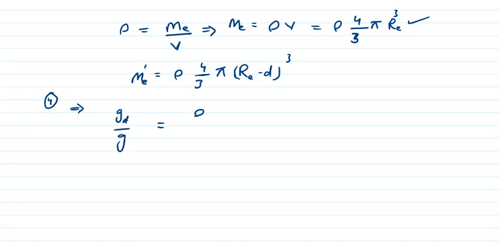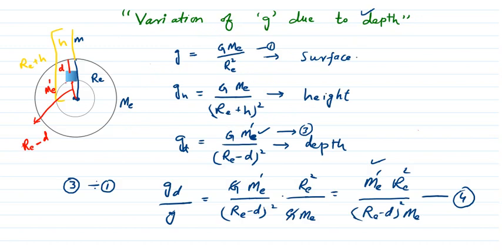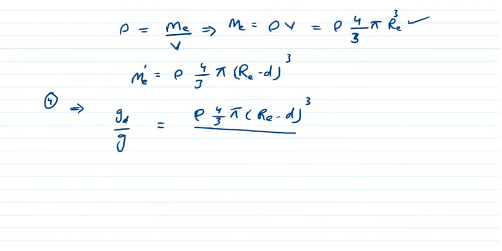So Me prime is rho, density, 4 divided by 3 pi Re minus d whole cube, and this is multiplied by Re square, sorry, square, not cube, divided by Re minus d whole square, and Me in this situation is density 4 divided by 3 pi Re cube.